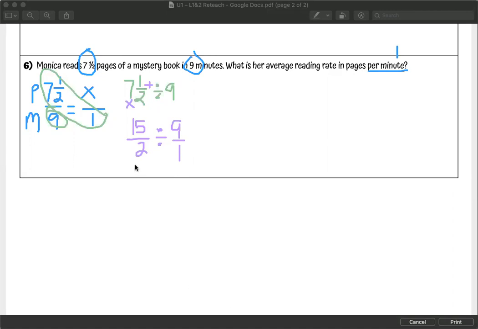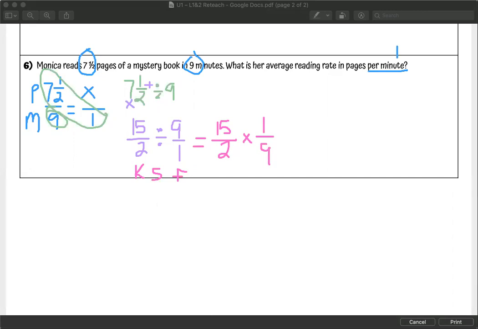Then we're remembering the rule is to keep it, switch it, flip it. So keeping our first number as 15 over 2, switching it from division to multiplication, flipping it from 9 over 1 to 1 over 9.